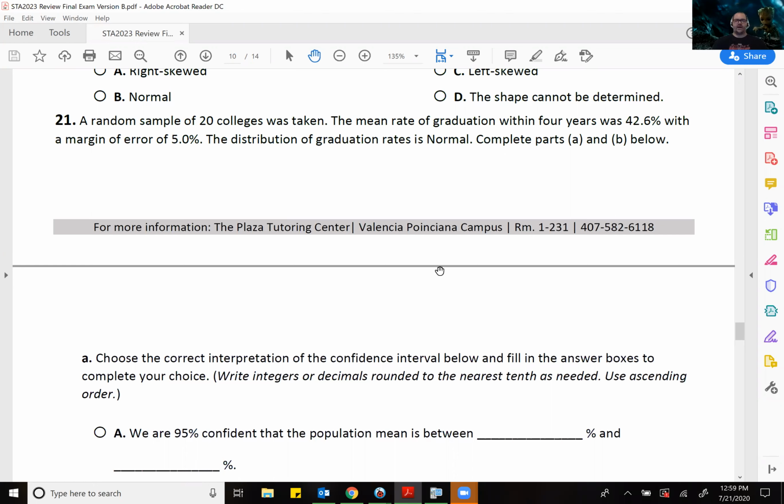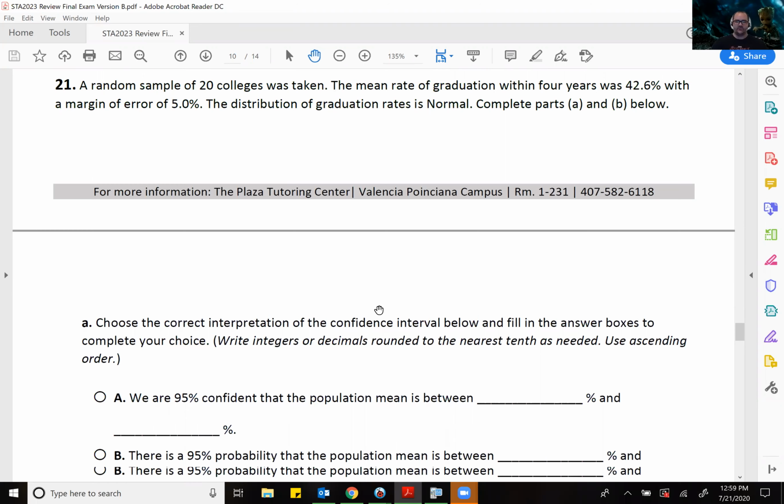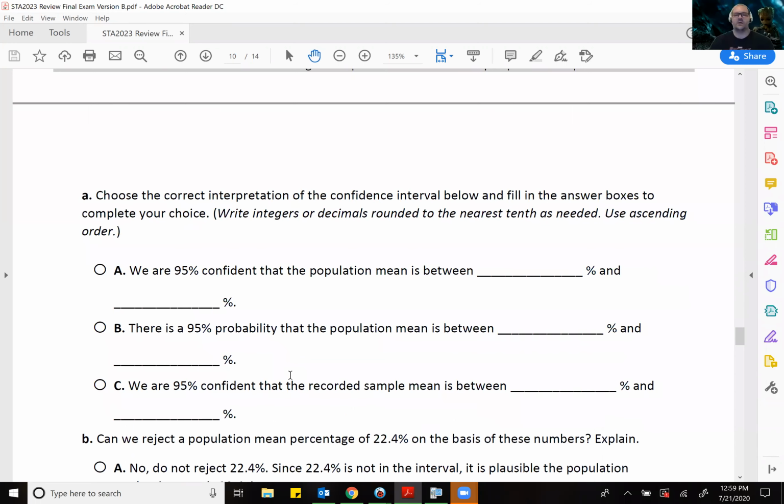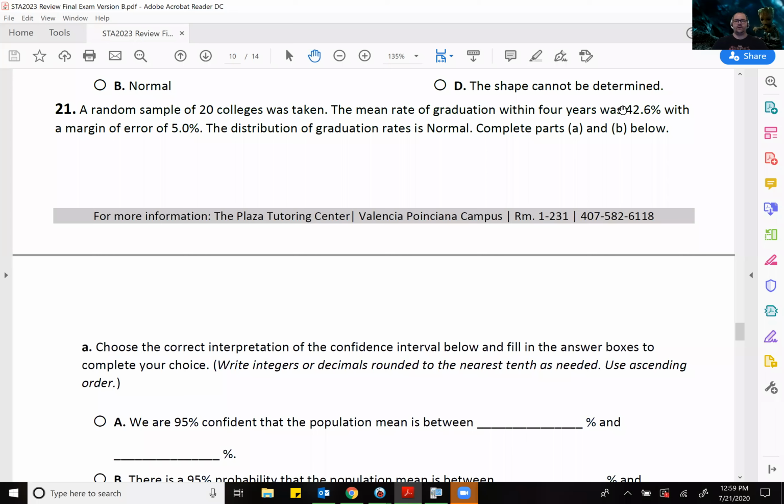So if we want to find the confidence interval, okay, all we basically got to do is take this mean right here of 42.6%, and we're going to add and subtract the margin of error. Really, really easy. Take the mean, take that margin of error, and add or subtract it. Okay? All right.